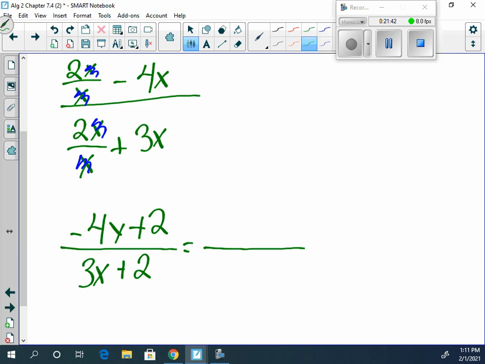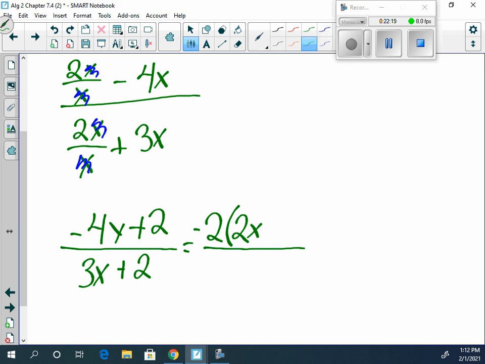Now, there's one last thing we can do, is looking at this here, is there any kind of factoring that we can do with this on top and bottom? Well, negative 4x plus 2, there's a greatest common factor of 2. And so we'll take a negative 2 out so that the x is positive. So we can take out a negative 2 or a 2 either way. So if we factor out a negative 2, well, negative 2 out of negative 4x leaves us with 2x.